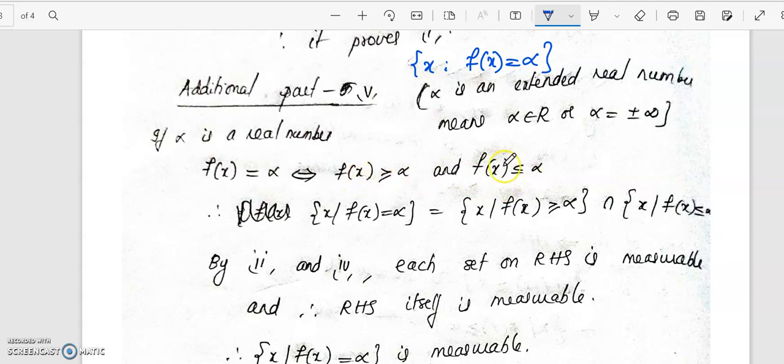If both happen simultaneously, that gives f of x equal to alpha. Now the set we need, the set of all x such that f of x equal to alpha, can be written as the intersection of these two sets. That is, the set of all x such that f of x greater than or equal to alpha, intersection the set of all x such that f of x less than or equal to alpha. Okay.